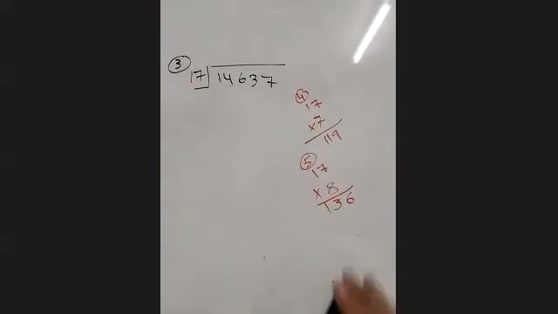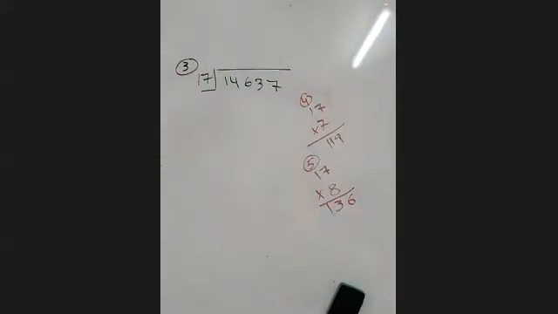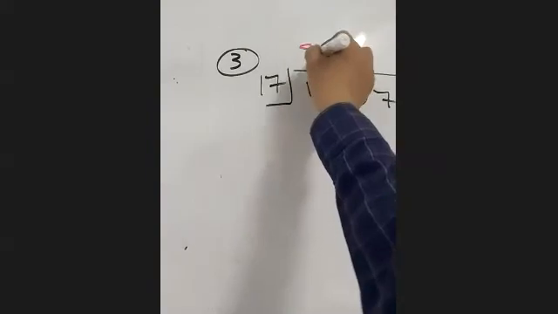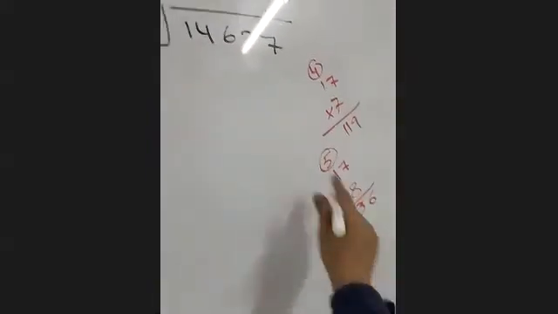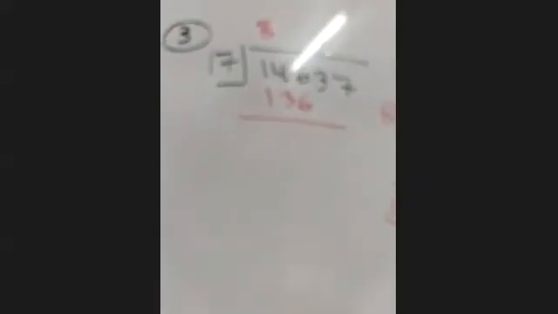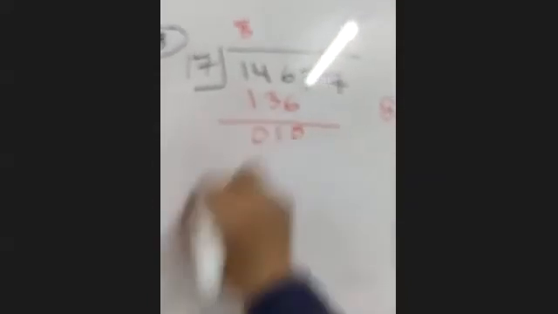It's 8 we try because 9 will give a bigger number, right? Right. So I'll choose 8. 8 by 17 is 136. 6 minus 6, 0. 4 minus 3, 1. 1 minus 1, 0.